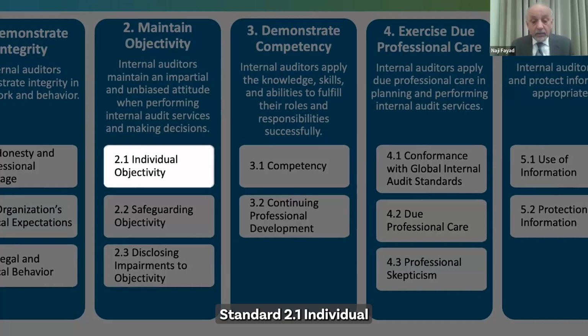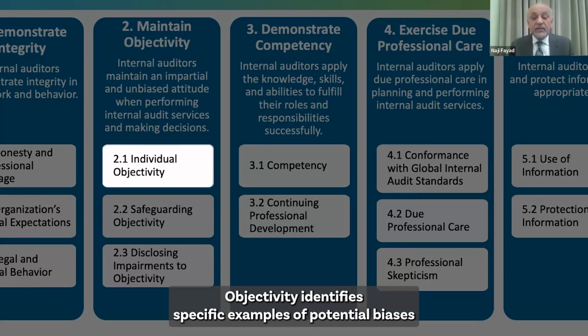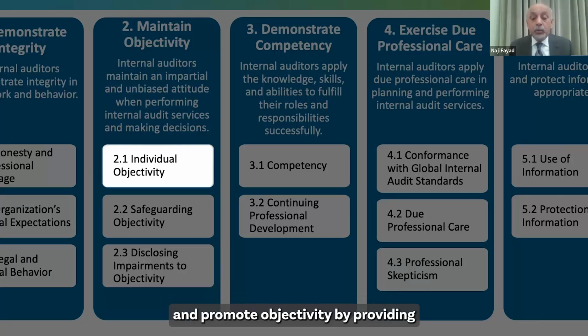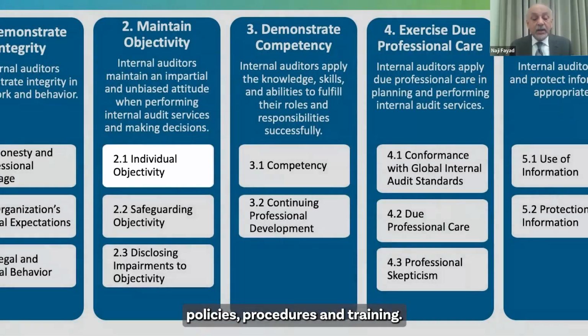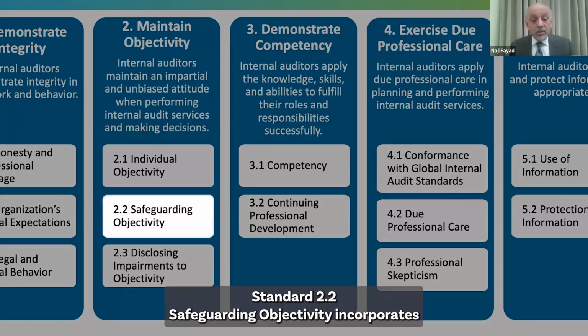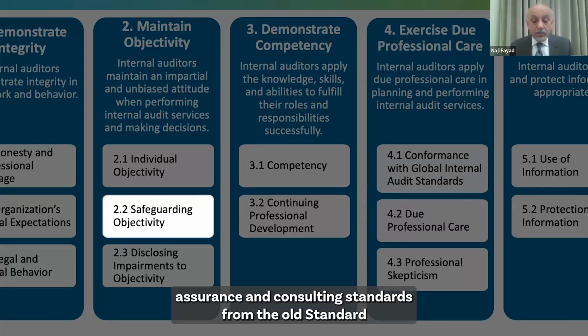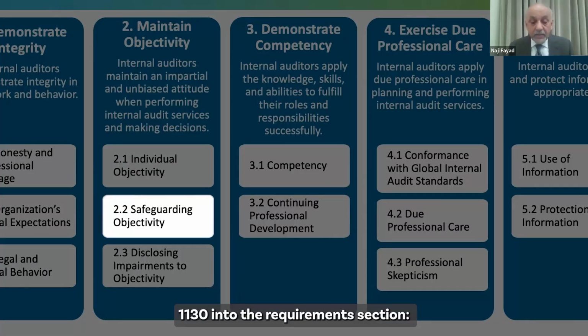Standard 2.1, individual objectivity, identifies specific examples of potential biases and the requirement for the chief audit executive to support and promote objectivity by providing policies, procedures, and training. Standard 2.2, safeguarding objectivity, incorporates the assurance and consulting standards from the old Standards 1130 in the requirements section.